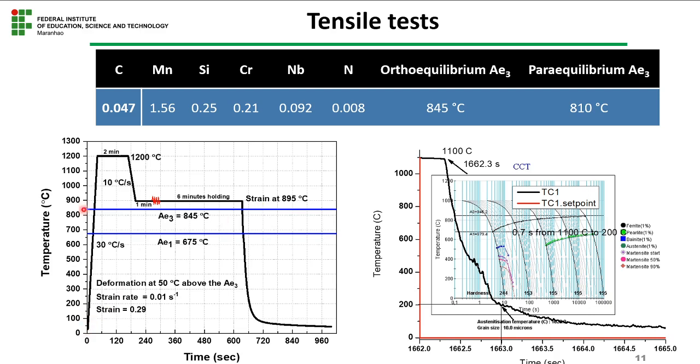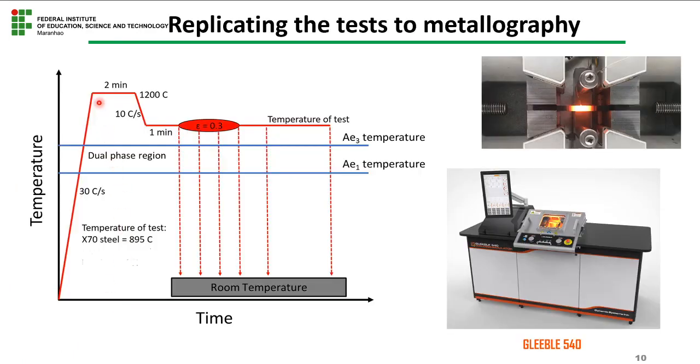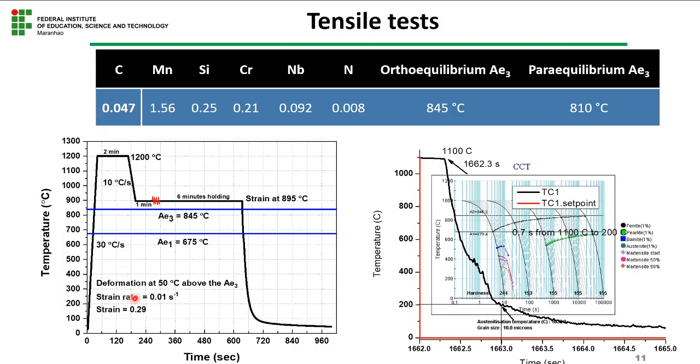So the schedule here, the scale of the temperature that we use, you can see is the same as this one here. This was used in a Gleeble machine coupled with the X-ray diffraction feature.